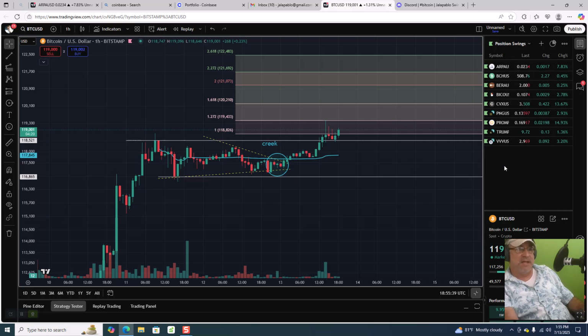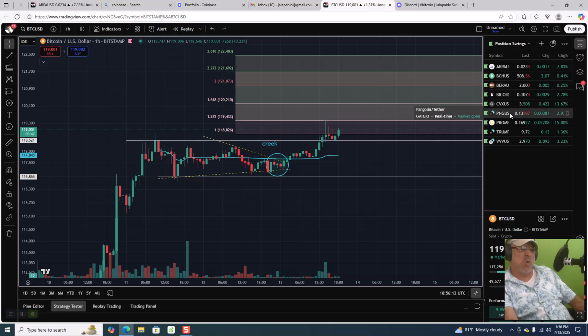DEMA I just sold off. I just sold a couple of them off, but some of these I'm still looking to bail out on once they hit the Fibonacci extension levels. These are altcoin swings that I've shared with my group: ARPA, Bitcoin Cash, Berachain, Biconomy, Convex Finance, which I've been in forever, and PNG, which is something that I hold.